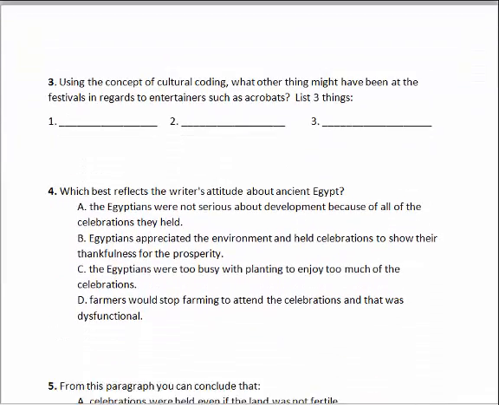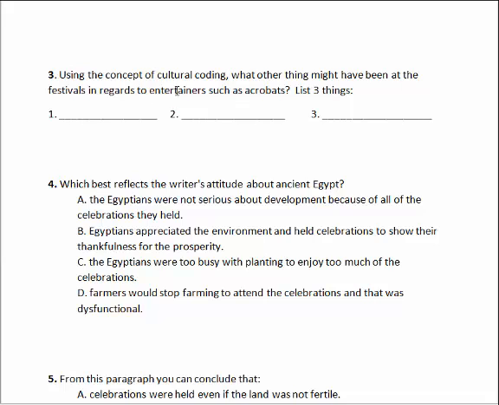3 says, using the concept of cultural coding, what other things might have been at festivals in regards to entertainers such as acrobats? Well, some other things that we might see are jokers or clowns. We might see fortune tellers.